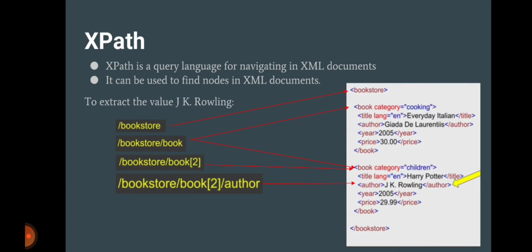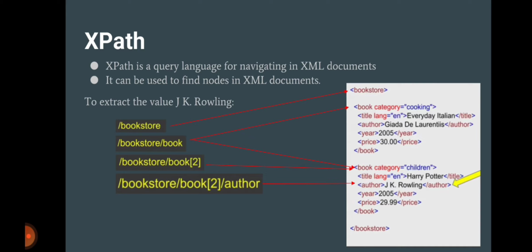slash bookstore refers to this particular node which the arrow points to. To go further again, slash book is added, that is slash bookstore slash book. Now this XPath can refer to both elements named book. Here there are two child elements named book.